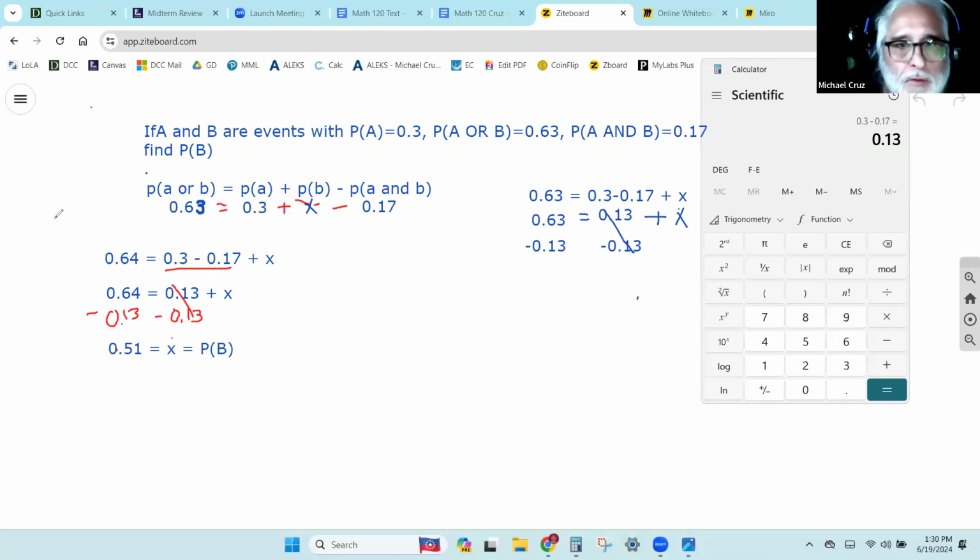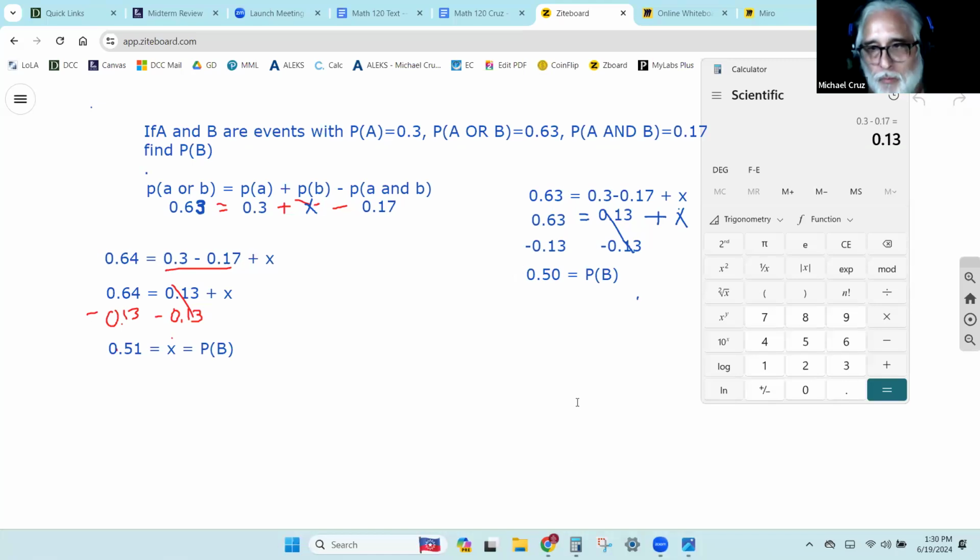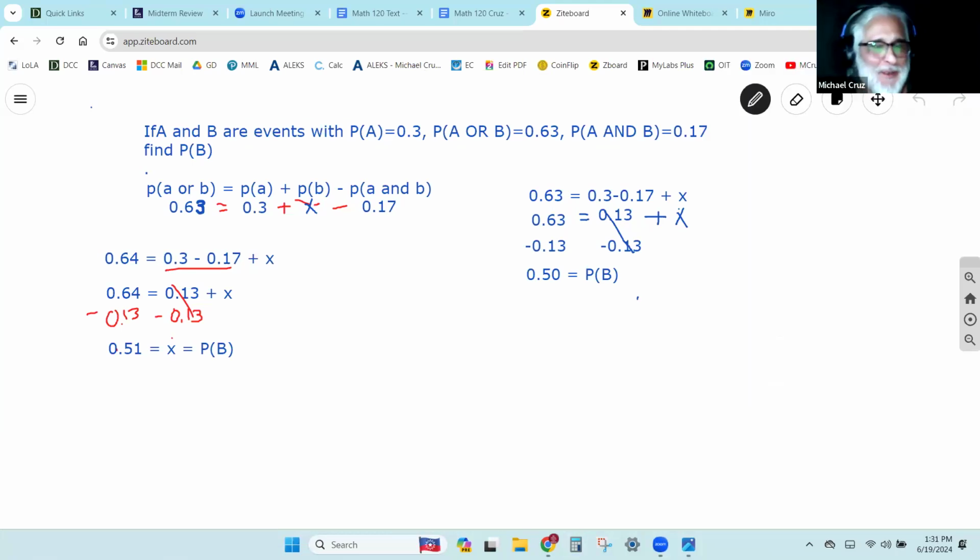And then here, 0.50 is equal to the probability of B. Yeah, B. Like I said, it's kind of a pain in the neck because it does involve a little bit of algebra. I don't think there's ever anything else that uses any algebra, but that's what that is.